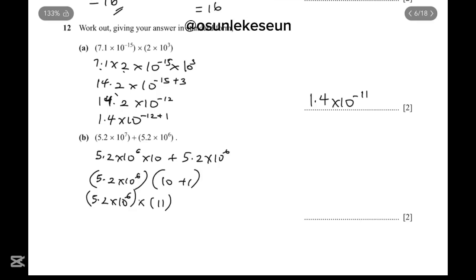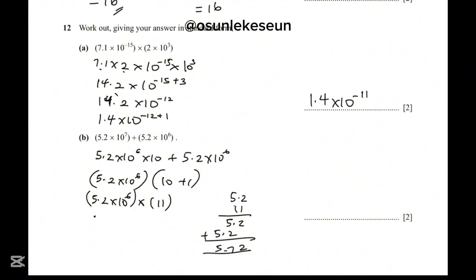Now we can multiply 11 times 5.2. 5.2 times 11 is going to give us 57.2. So 57.2 times 10 raised to power 6, and that's going to be 5.72 times 10 raised to power 7. So that's it for that one.